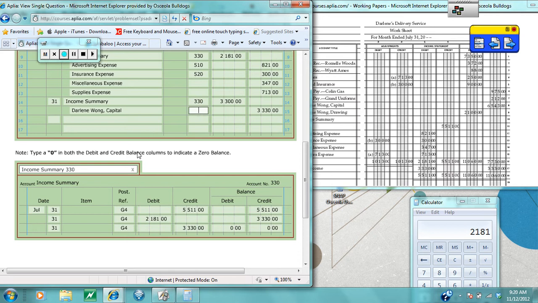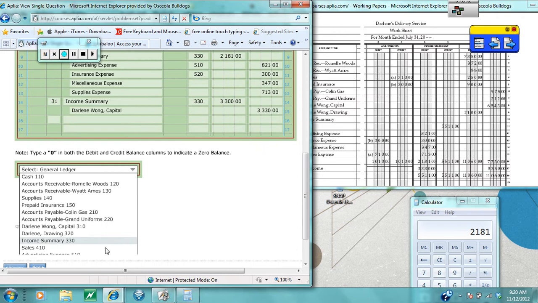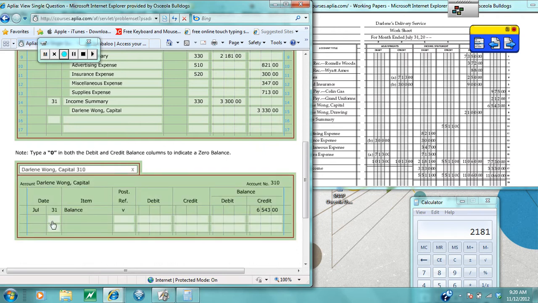A lot of 330s. Then you go to the capital account. You have to put it in there. You're journalizing it. It happened on the 31st. G4. It's a credit. 3330.